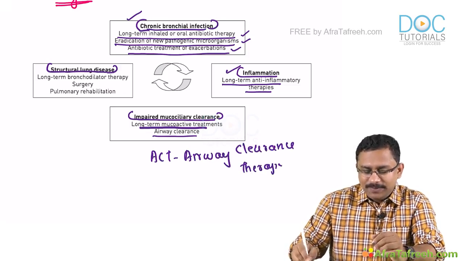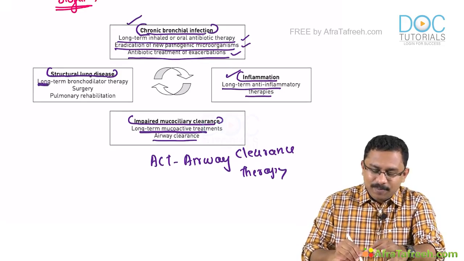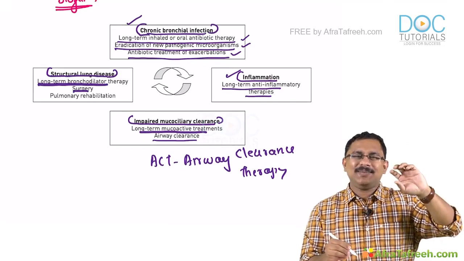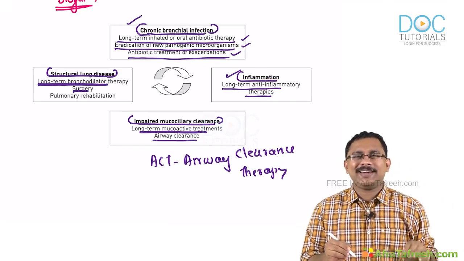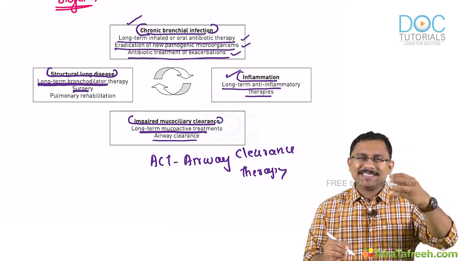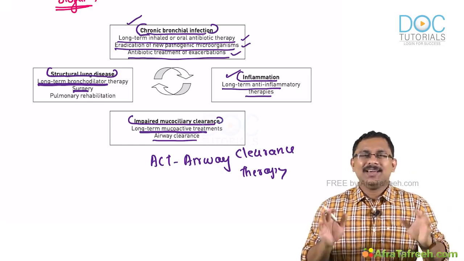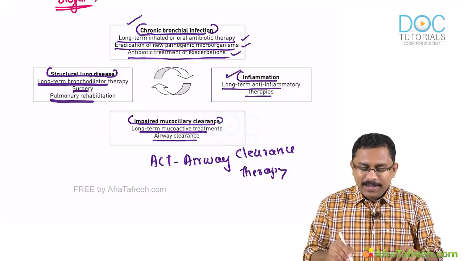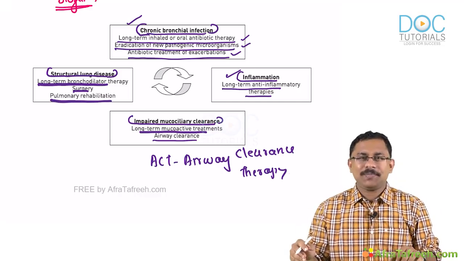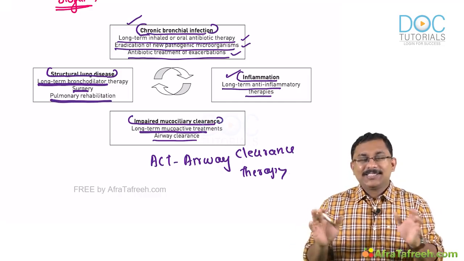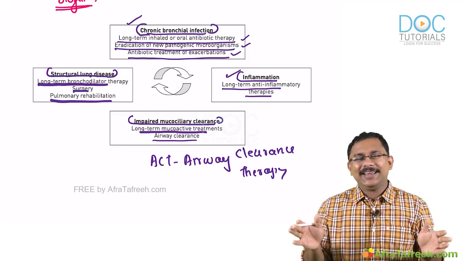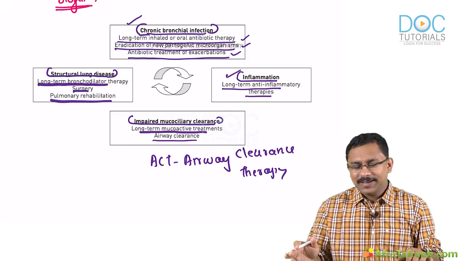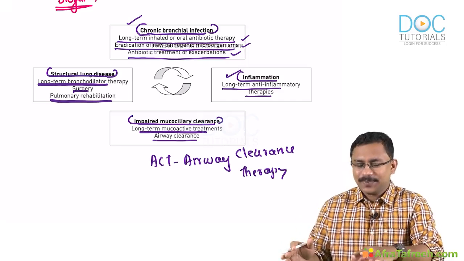And if you have some structural lung disease, you might require long-term bronchodilator therapy. Surgery is mainly reserved for focal bronchiectasis. If the bronchiectasis is limited to some segments. If you have a diffuse bronchiectasis, there is no point in surgery. And pulmonary rehabilitation is also important. Just to tell you that the guidelines mainly focus on targeting the vicious cycle, and that is what you have got to target.